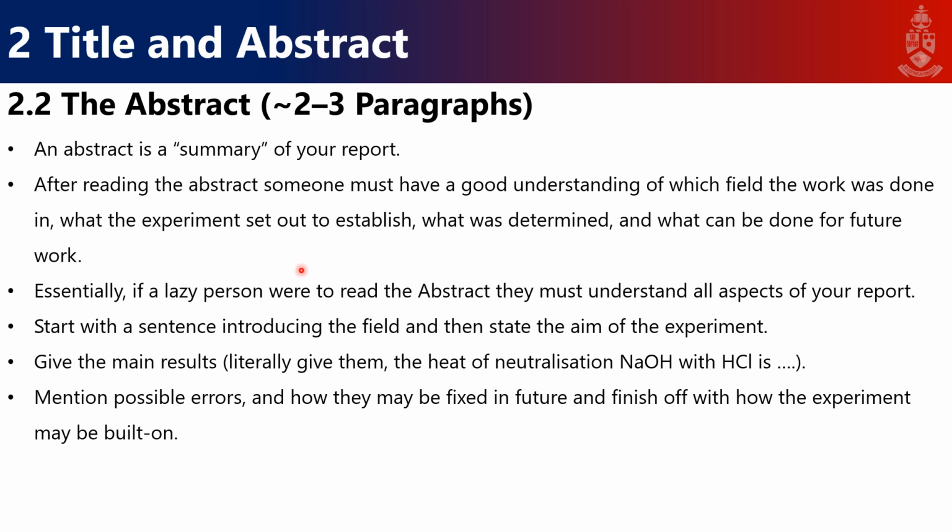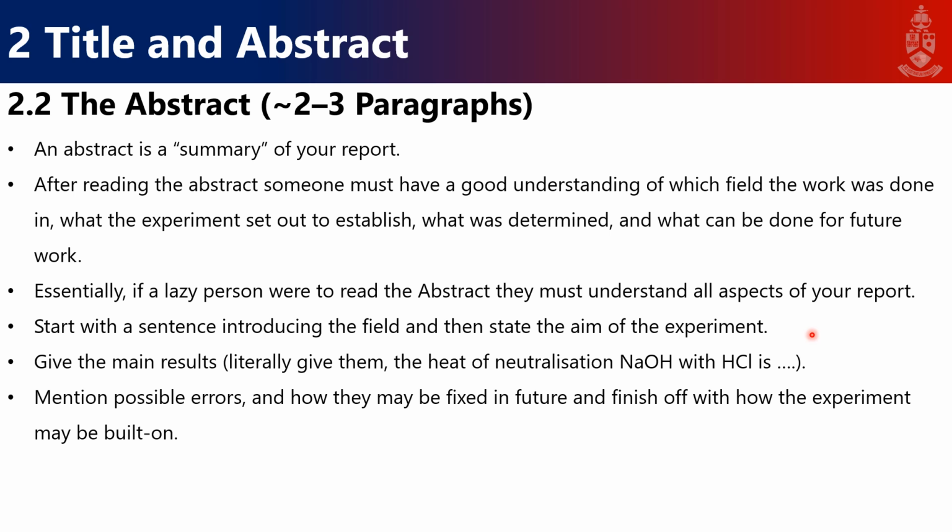Now, that said, what must be in this abstract? I always like to start with a sentence introducing the field and stating the main aim. So not one sentence, but a sentence introducing the field, and then I state the aim of the experiment. For example, my research field is perovskites, which is the solar cell application.